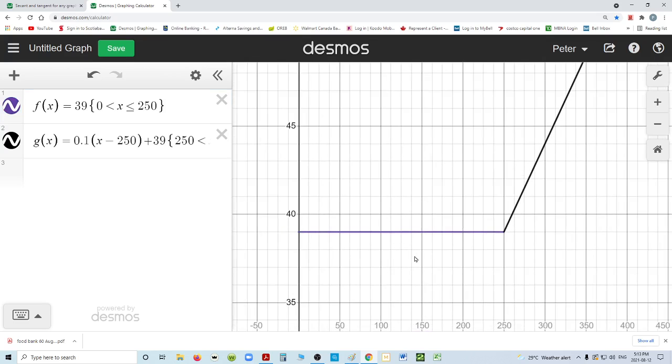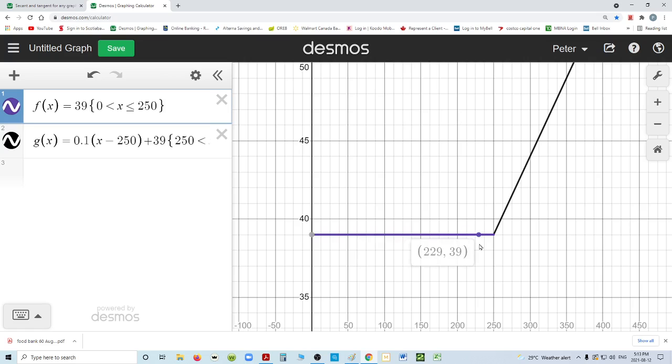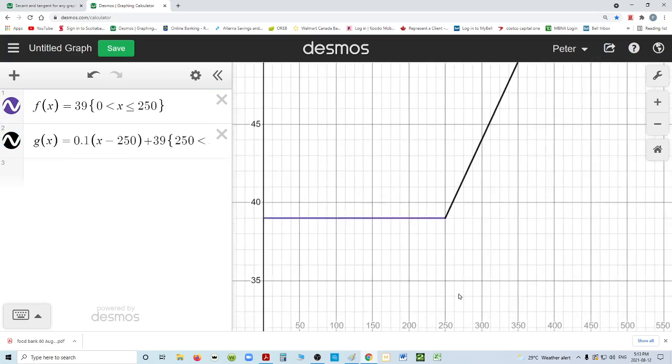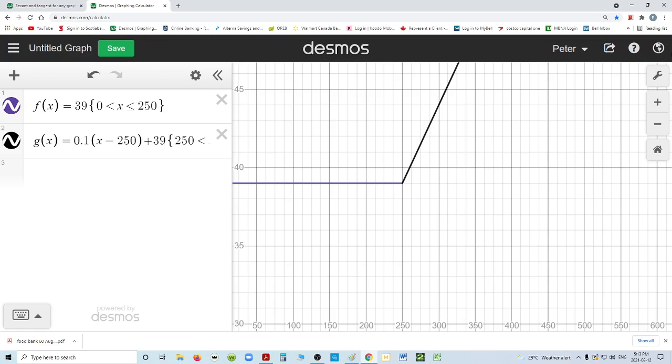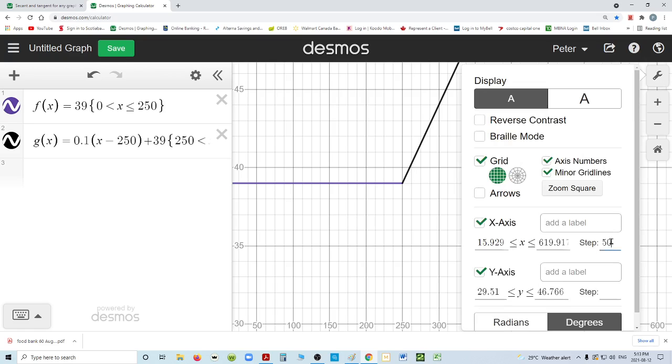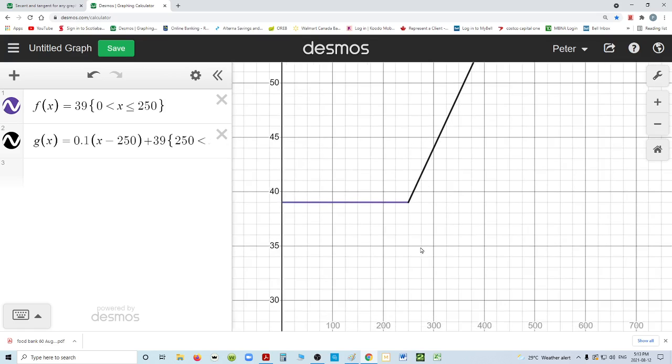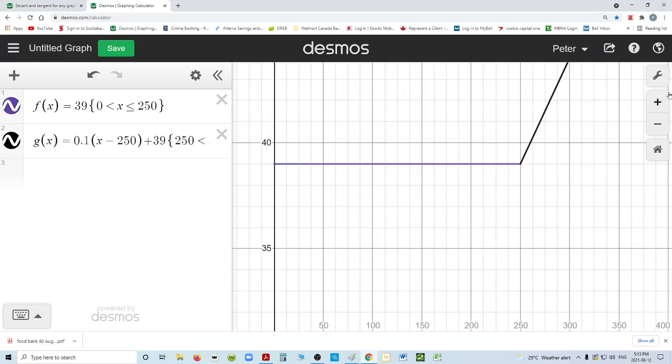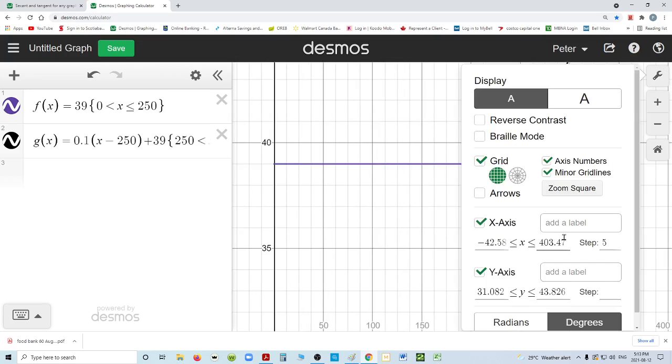There. That shows it a bit more accurately. Looks like a steep slope, but that's only because the x values are going up by 50. If I change the steps of this to something smaller, like 5, the slope would get smaller.